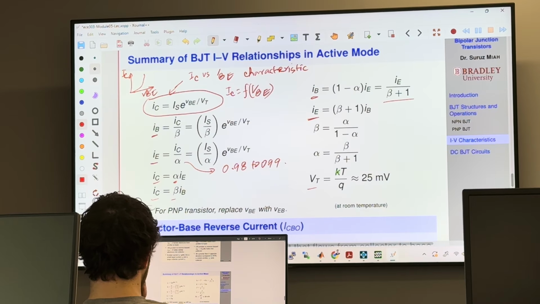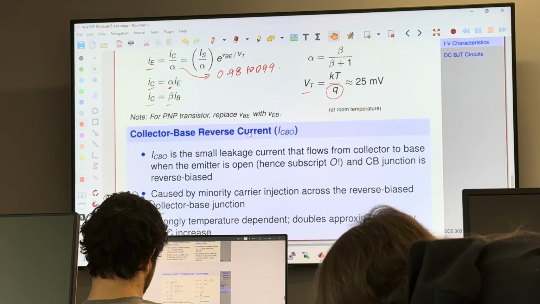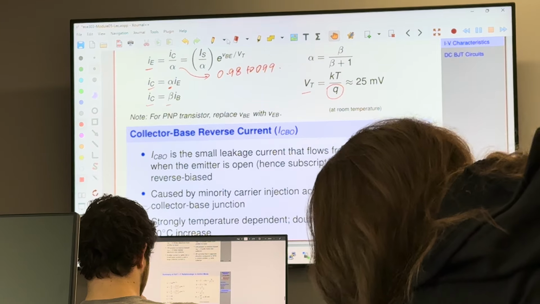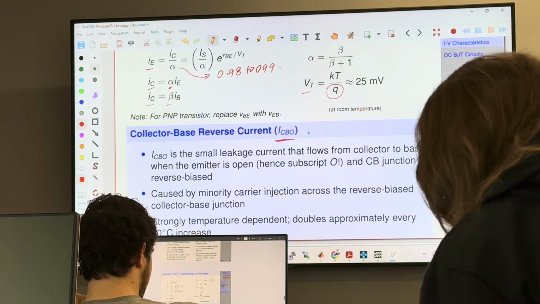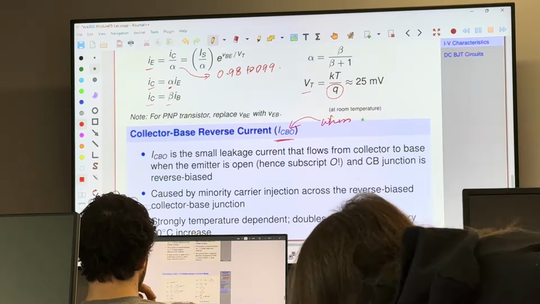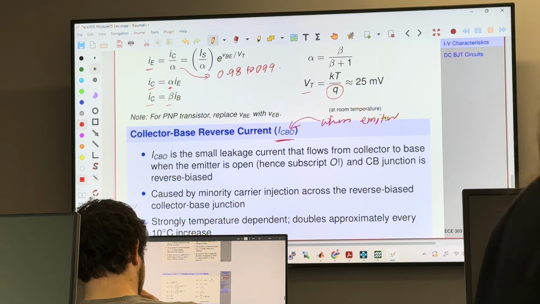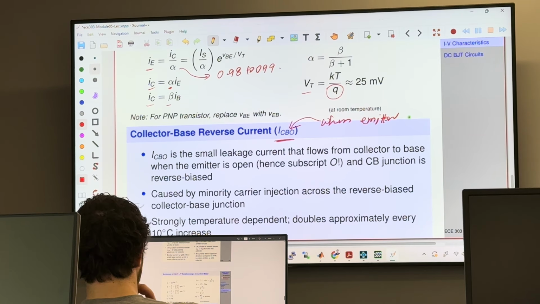The other term that you will see in the data sheet is called the collector base reverse current. This current you will see when the emitter is open. When the emitter is open and the collector base junction is reverse biased, you will still see a very, very small current from collector to base.